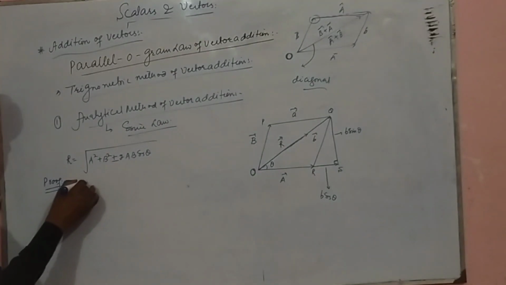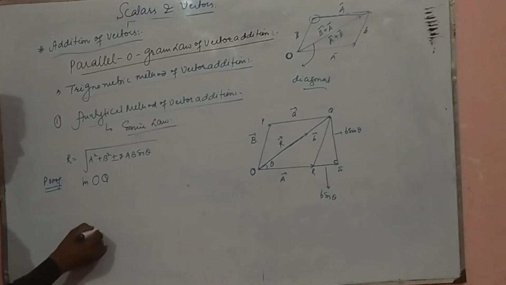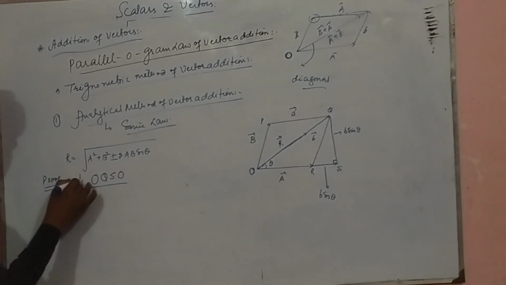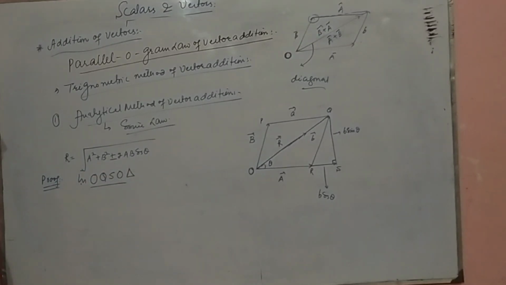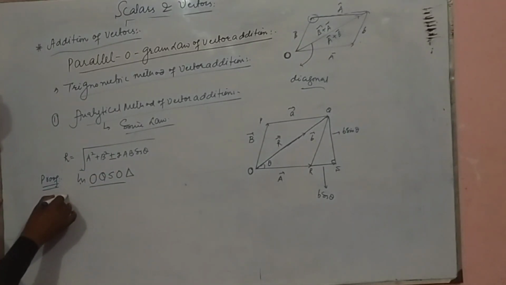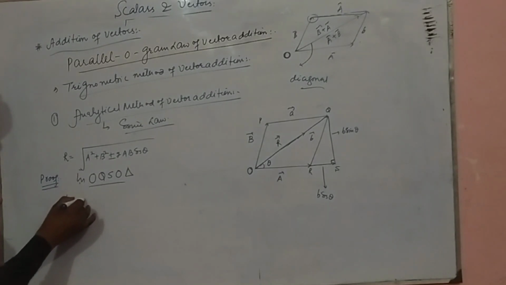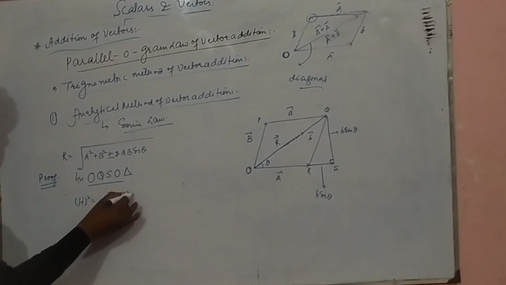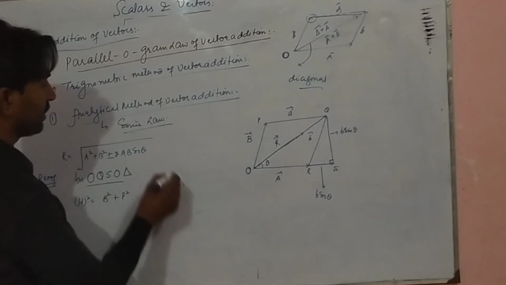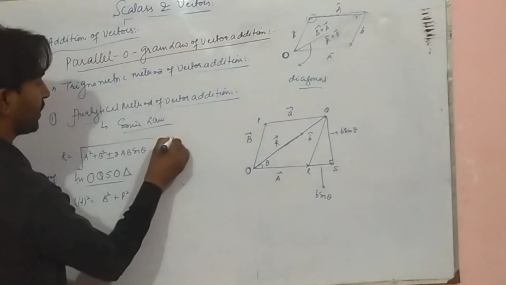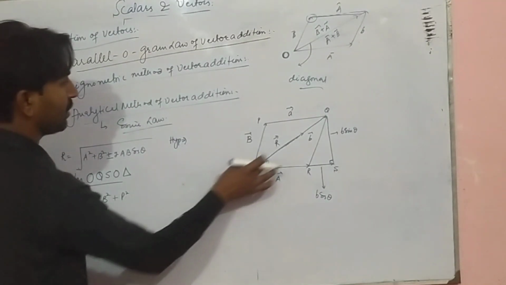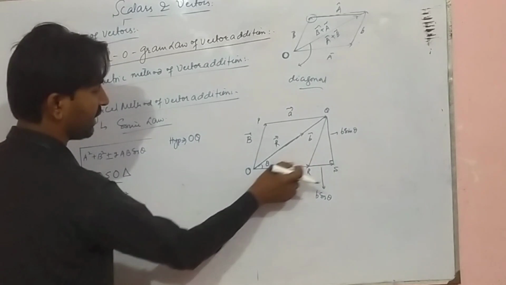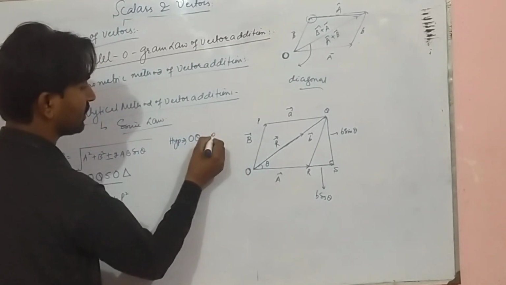In triangle OQS, if we use the Pythagoras theorem, hypotenuse square equals base square plus perpendicular square. We take OQ as the hypotenuse because this angle is 90. And OQ is R.